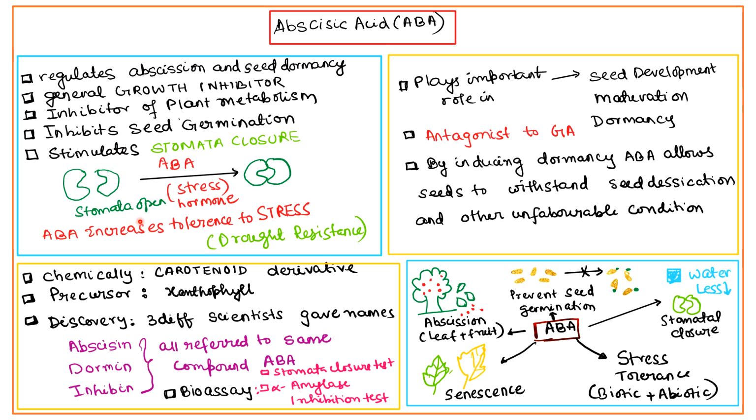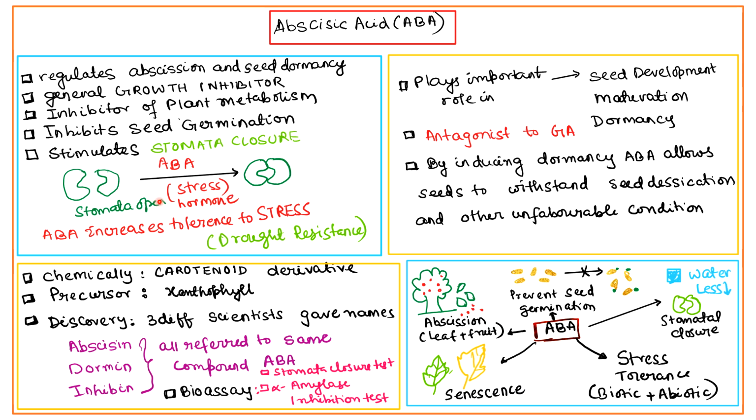In case of water stress, that means where water is in deficit condition or water is less, that time abscisic acid induces the closure of the stomata. We know stomata are the pores in the leaves of the plants which regulate gaseous and water exchange.